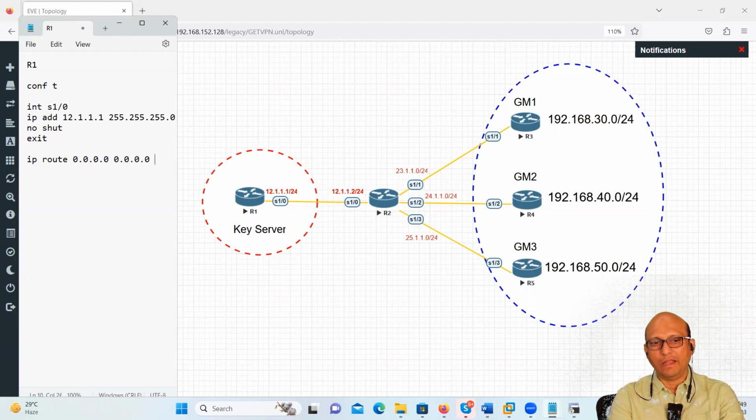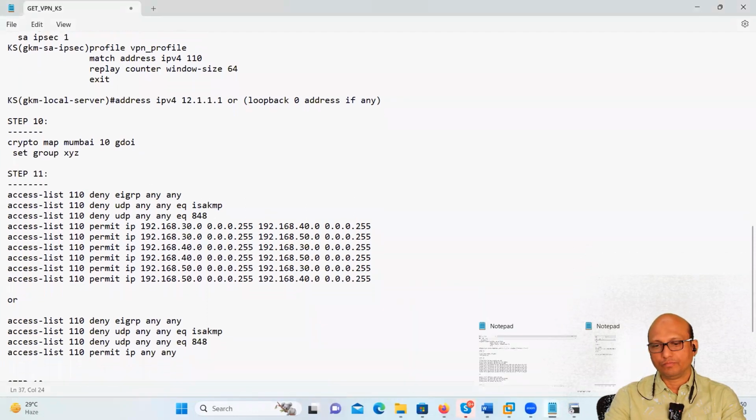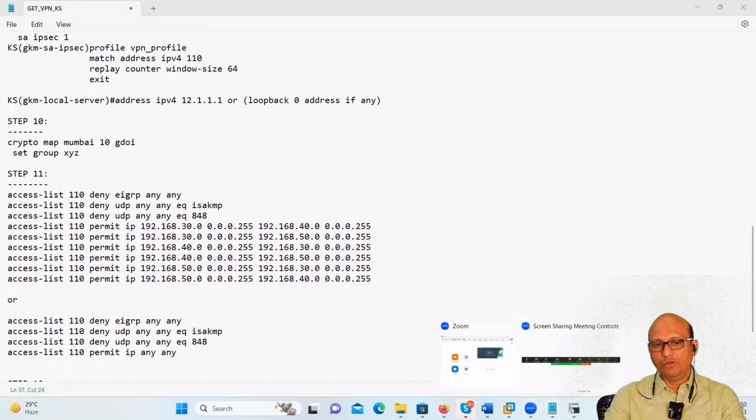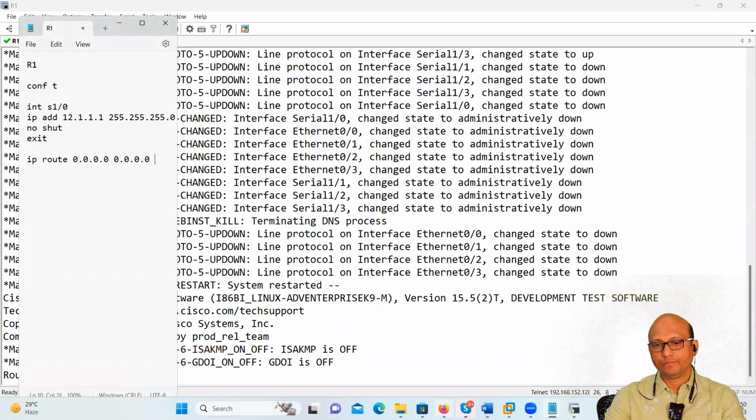You can use some dynamic routing protocol, okay, because your MPLS router is going to participate in the dynamic routing protocol also. So you can use it. So what I'll do, I will configure dynamic routing protocol also.